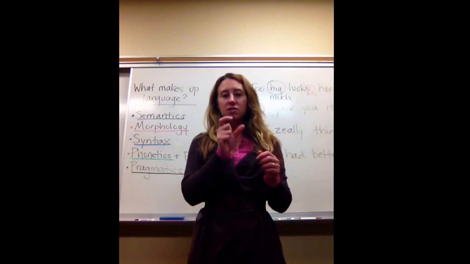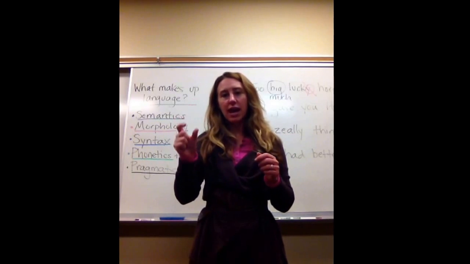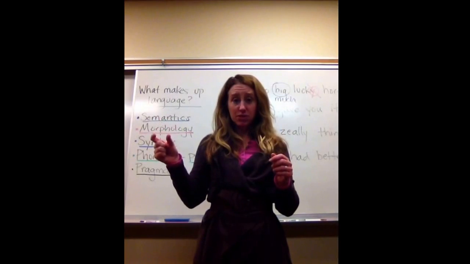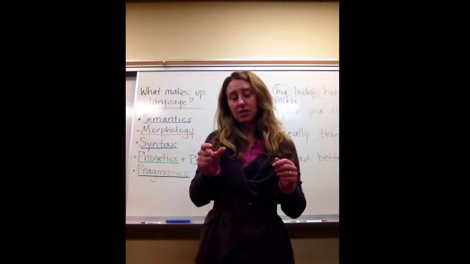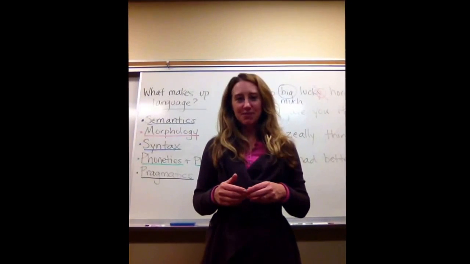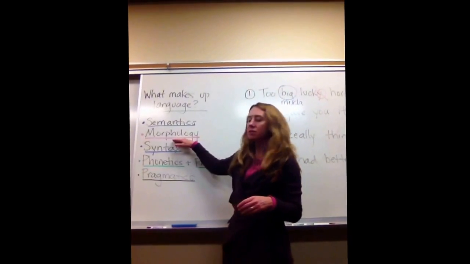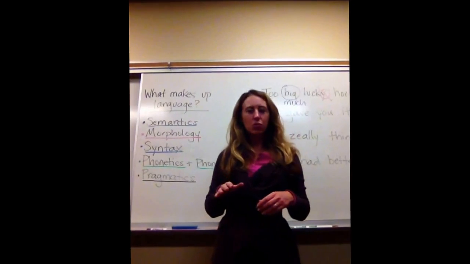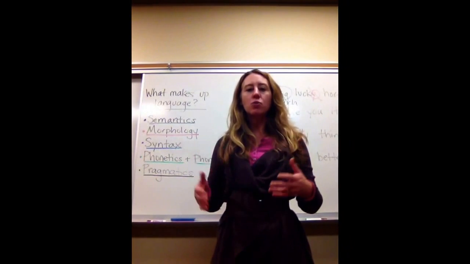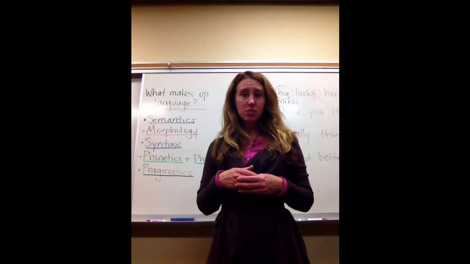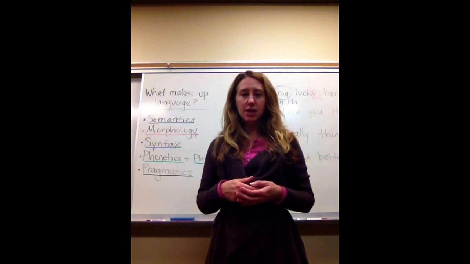And affixes are those little pieces that you can add to a root word. If they're put at the beginning of the word, it's a prefix. And if you put it at the end of the word, it's a suffix. Okay, so those are all affixes. So in English, we're kind of the middle of the road in terms of how we use morphology. We show past tense by adding ed at the end of most verbs.